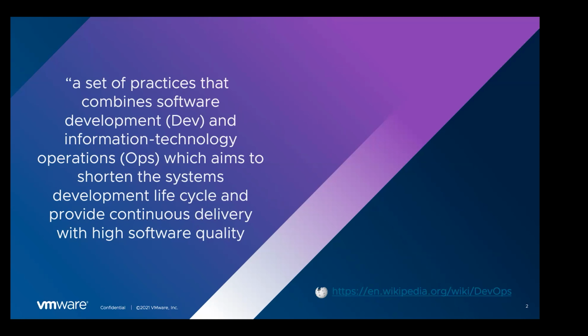Wikipedia, good old Wikipedia, defines DevOps as a set of practices that combine software development and IT technology operations, which aims to shorten the system's development lifecycle and provide continuous delivery and high software quality. Thank you, Wikipedia. At its heart, DevOps methodologies are designed to bridge that gap between developers and operations teams.